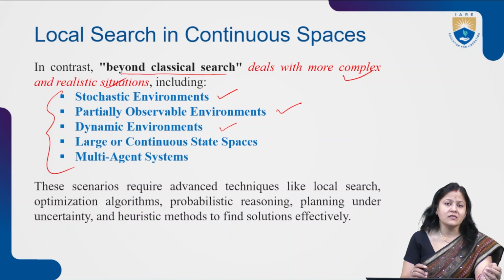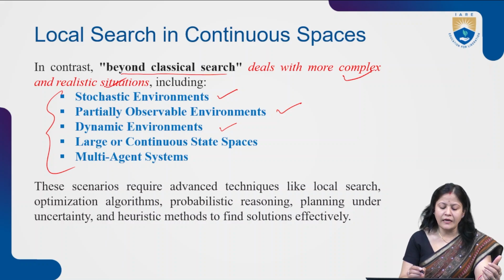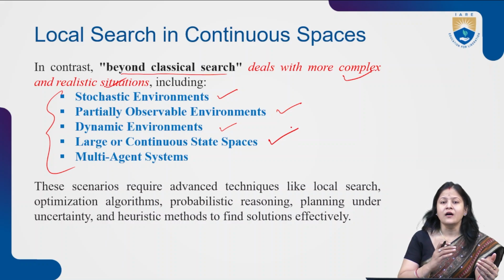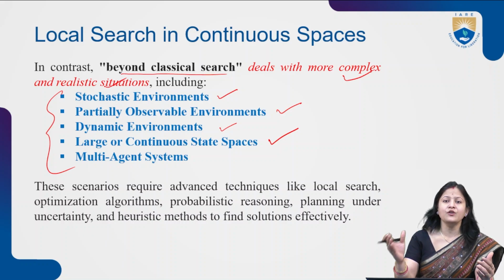So beyond classical search techniques work for dynamic environments. Even it is used for large and continuous spaces, which I will explain in this video, do not worry, where we can assign values which are continuous in nature. Like if we take the example of AC values, if it is 16 to 30 degrees, then we can assign 16.8, 16.9, 17.1, or 17.9 or 18.9.